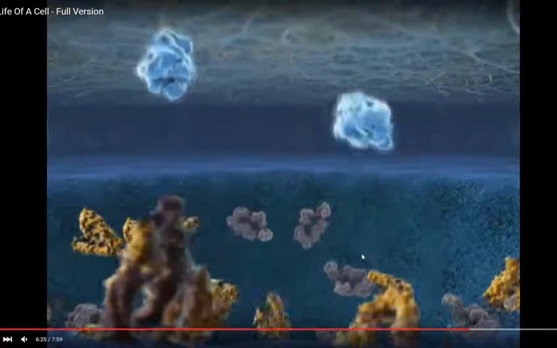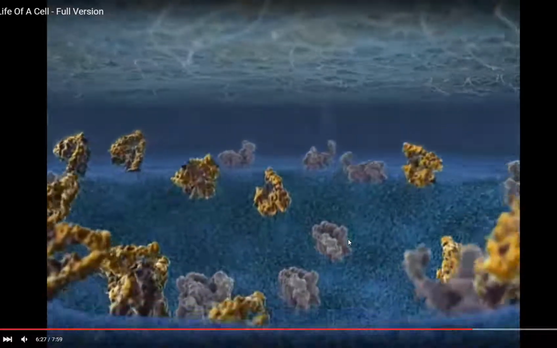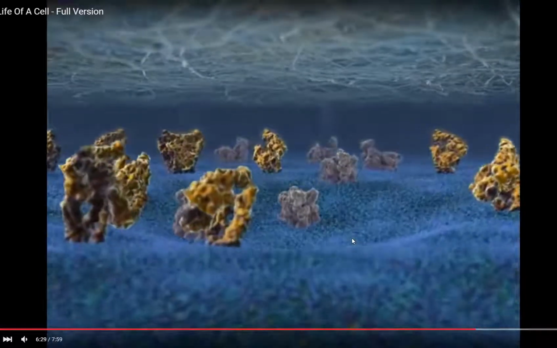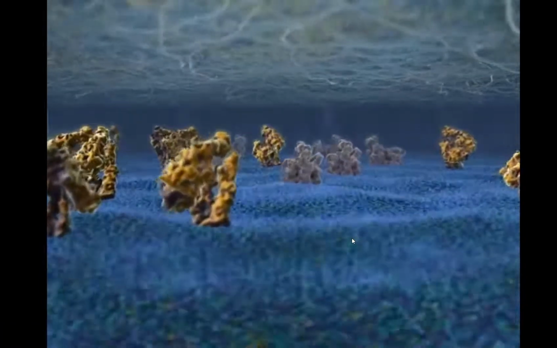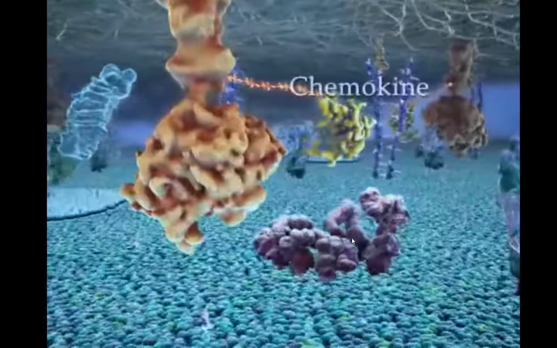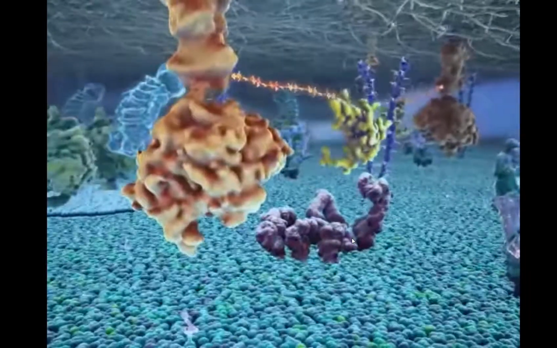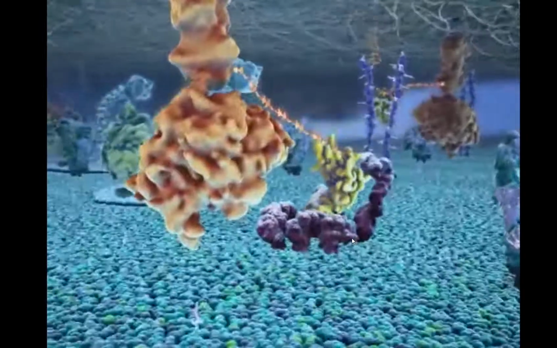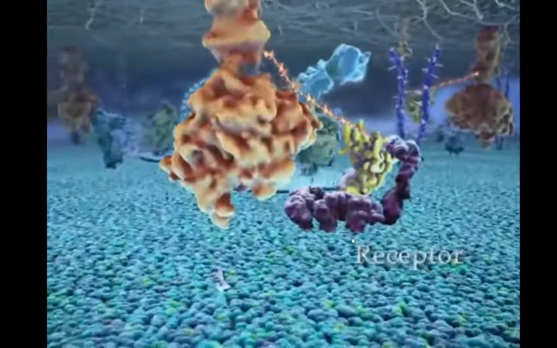Plasma membrane. It's either endocytosis or exocytosis. Looks like it's endocytosis, bringing material into the cell. Chemokine, actually it's showing you, and that's a receptor.